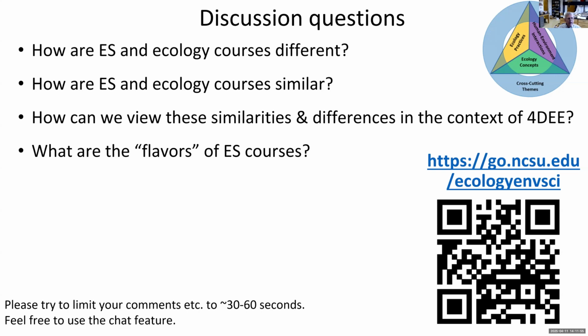What do those invertebrates tell us about the relative health of this stream? Functionally there's a lot of overlap, but the focus is on the applied question. It's not that I'm uninterested in the other question, it's that we have a limited amount of time, and that's what we're focusing on. So that's at least my take on how these are different. It's what you can fit into a class.